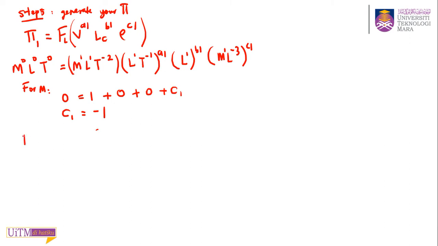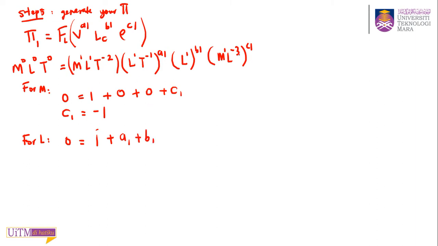Okay, and you do the same for L. Now for L, so L0 equal to, in F you have 1L, so this will be 1. In V you have 1L, so A1, and L, so you have L, so this B1.